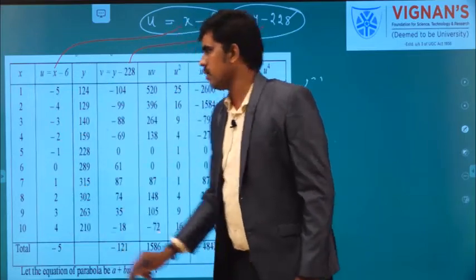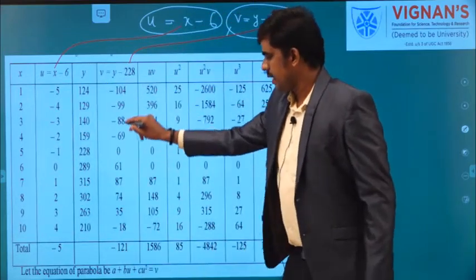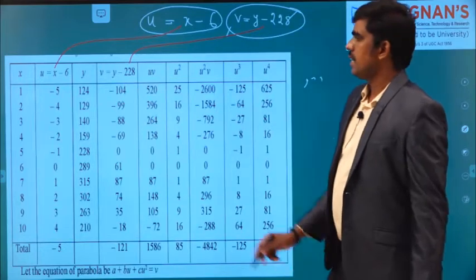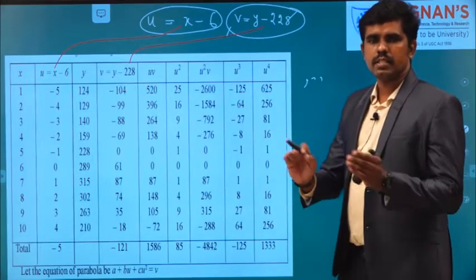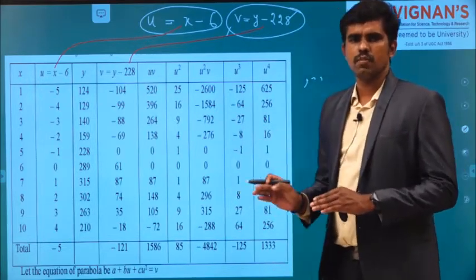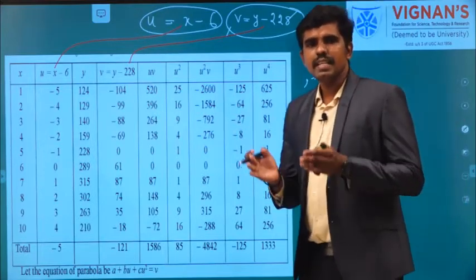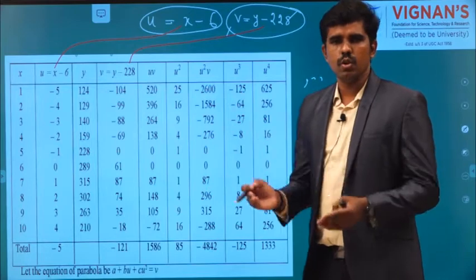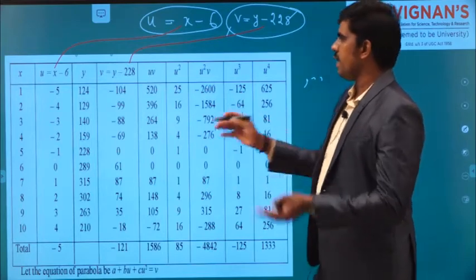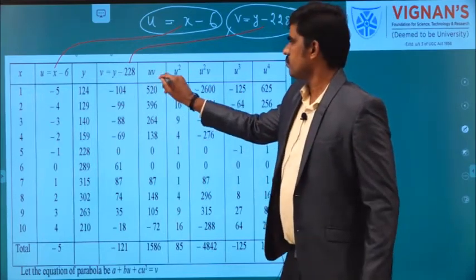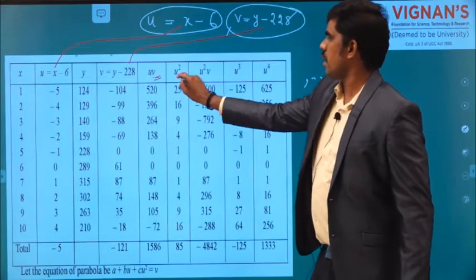In this way you can find u. Similarly you can find v. Then there is no need to find summation x, summation y square, all those values, because we are going to use the values in u and v. So you find uv, you find u square.